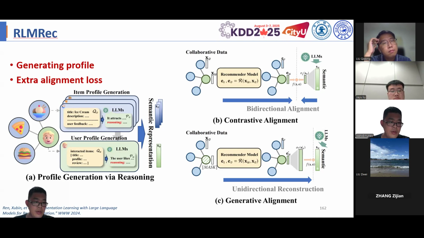Specifically, they first use the GPT 3.5 Turbo to generate the user and item profile. And then they propose two alignment methods, namely the bidirectional contrastive alignment and generative alignment with the unidirectional reconstruction.